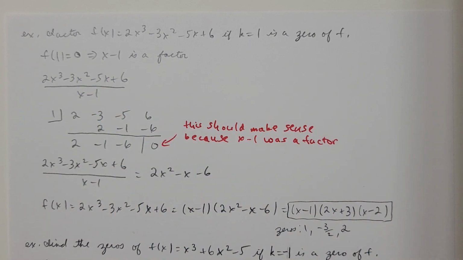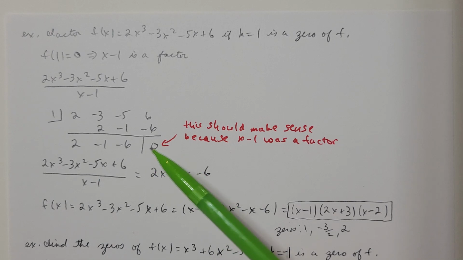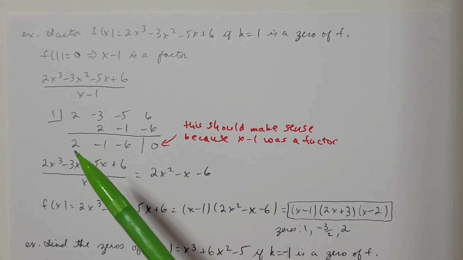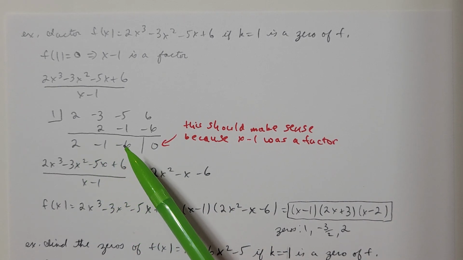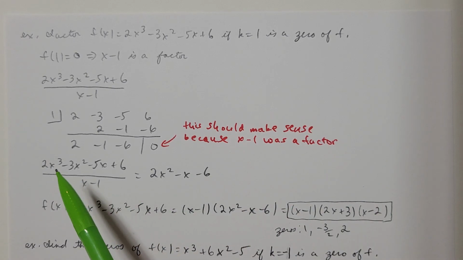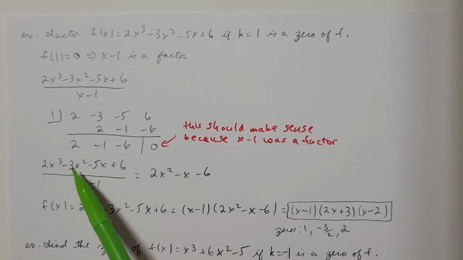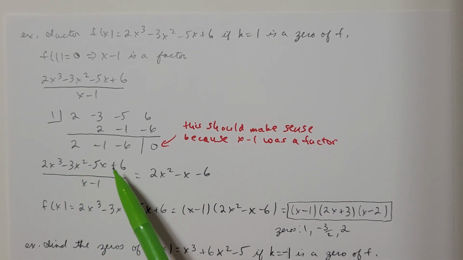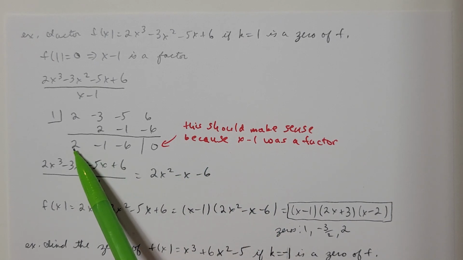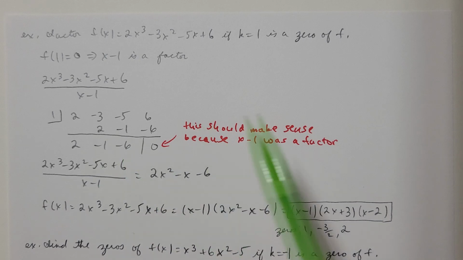Okay, there would be a big problem if I were getting any other number left over in dividing. Now I'm more concerned about this 2, negative 1, and negative 6 here. That's going to be important for us. So when we take 2x cubed minus 3x squared minus 5x plus 6 divided by x minus 1, we get 2x squared minus x minus 6.